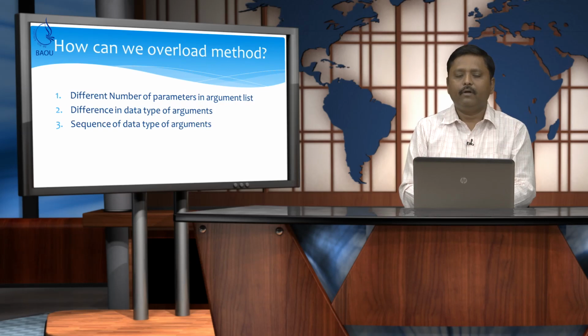For example, if we have a sort method which takes two parameters, one an integer array and another a type, which determines whether to sort data in ascending or descending order, the user can provide the array first and the type second, or the type first and the array second. This is how we can achieve method overloading to provide flexibility to the user. So, these are the three ways in which you can overload a method in Java.